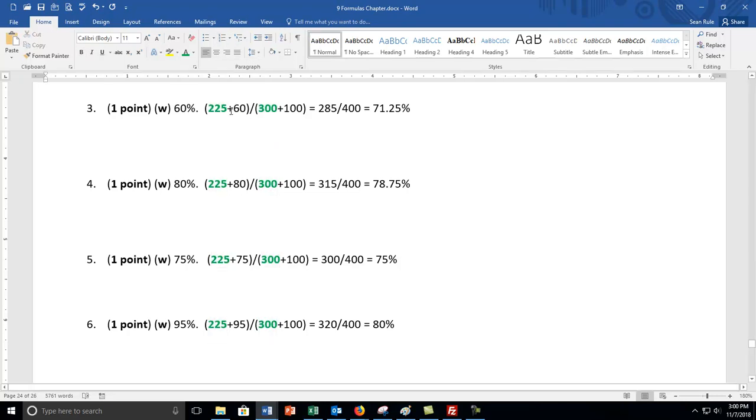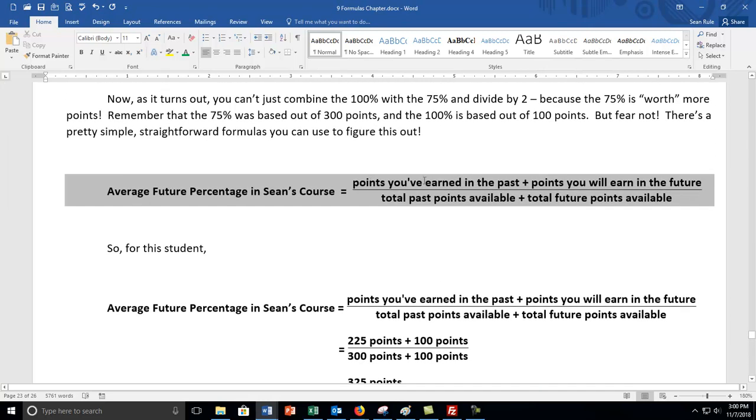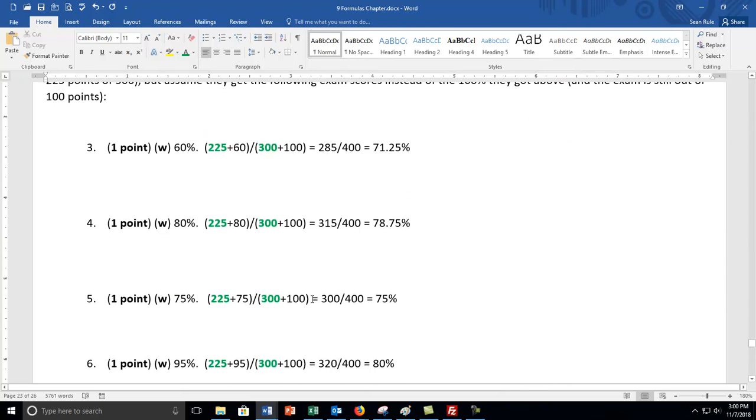Those 225 over 300s represent the points you've earned and total points available. That's what already happened. You can't change those. Those are the scores you got, whether on exams, homeworks, whatever.